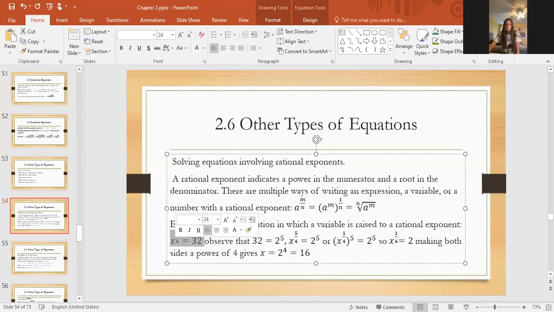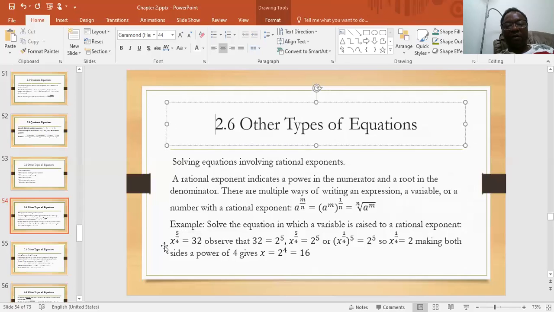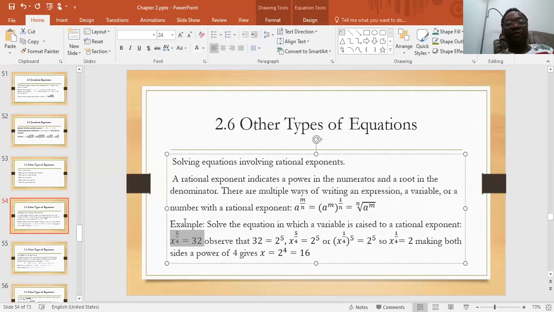x raised to power 5 over 4 equals 32. What I will do is recall that 32 is a 5th power of 2. So I will replace that into the expression. 32 here is 2 raised to power 5.